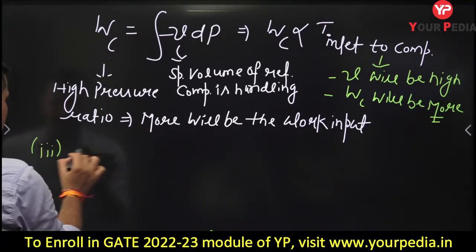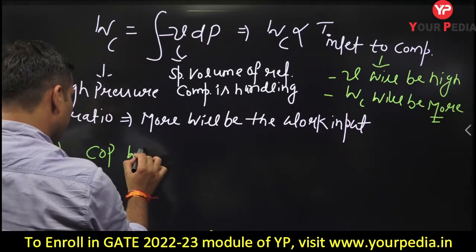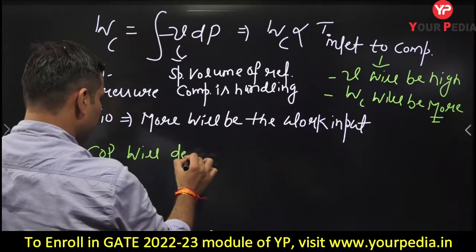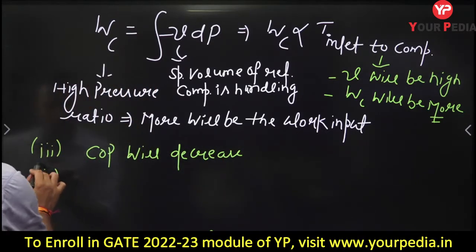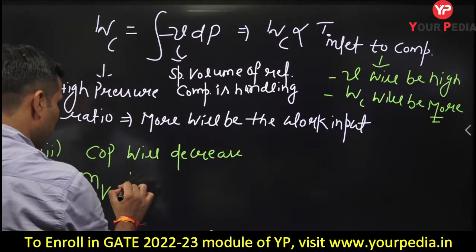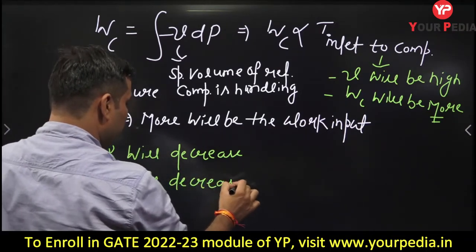The COP will decrease. And again the volumetric efficiency will also decrease, because here also the pressure ratio is increasing.